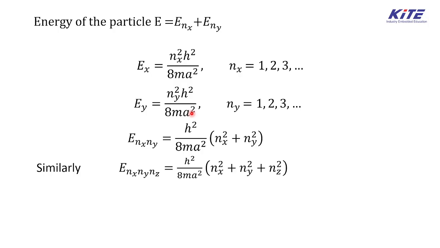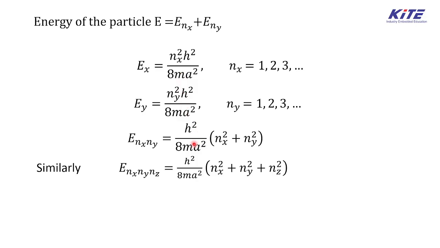Here a and b are both widths; if they are the same, we consider b equal to a. So E nx ny is equal to, we have to add both equations, Enx plus Eny, with the common term h squared divided by 8m a squared.